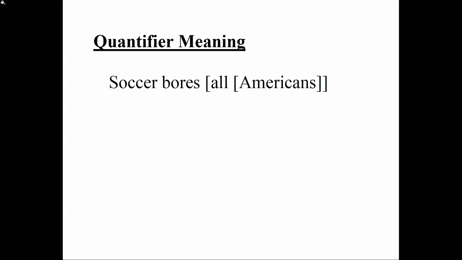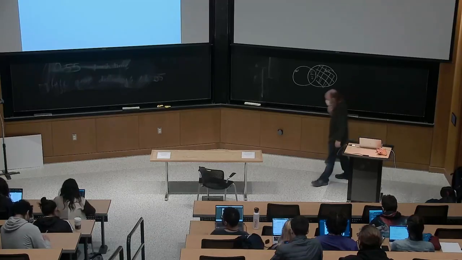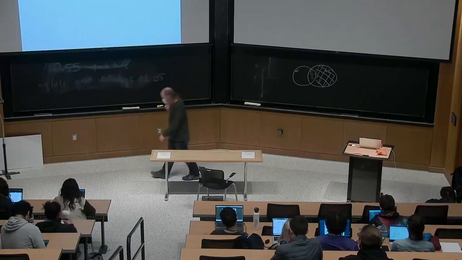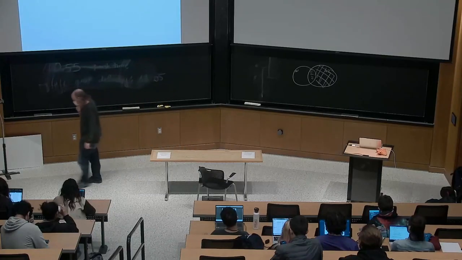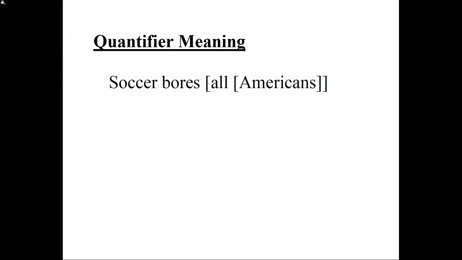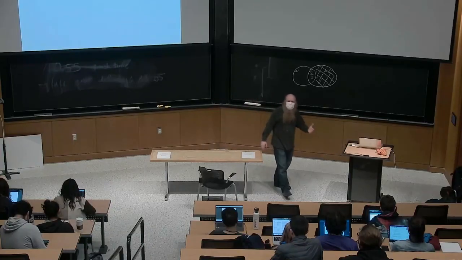So it's worth doing this slight formalization of what we've been doing because I've been carefully giving you examples in which the quantifier is a subject, but of course quantifiers don't have to be subjects. You can say things like "soccer bores all Americans." Here, the first set is going to be the set of Americans. What's the second set?